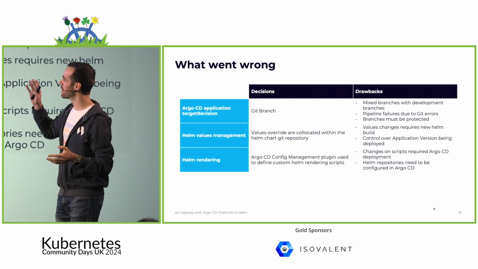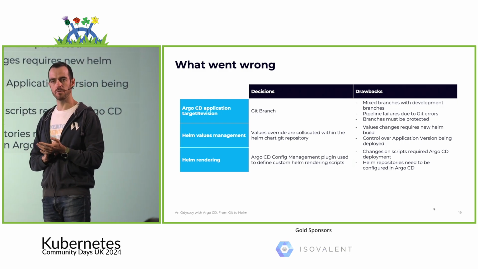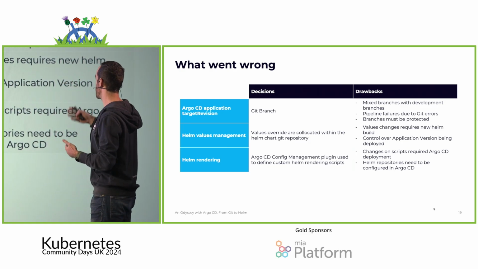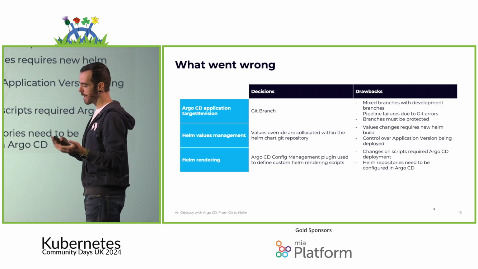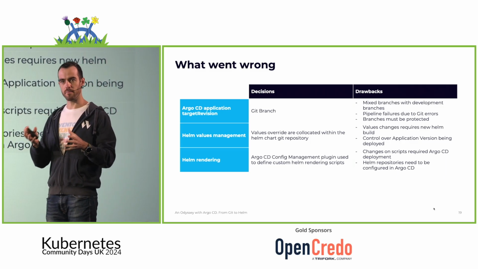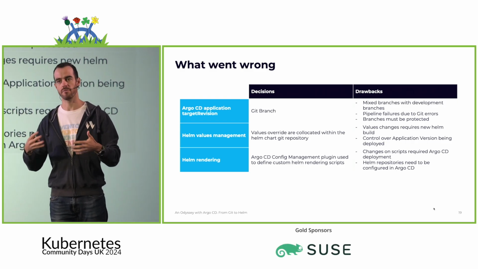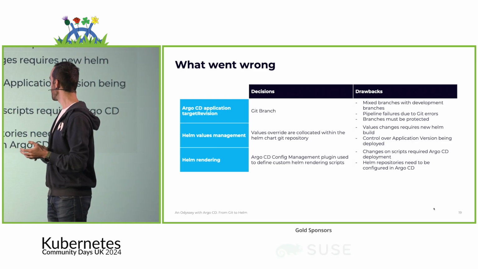All right. Because we decided to use a Git branch as our target revision, there was a mixture of development branches and operational branches in the same repo that caused confusion among developers.